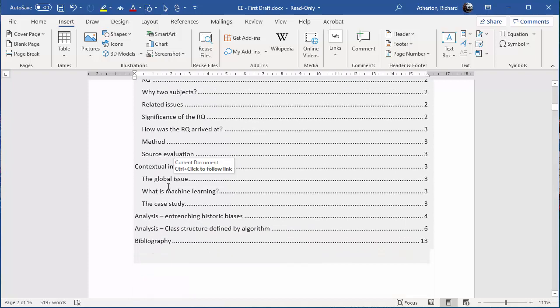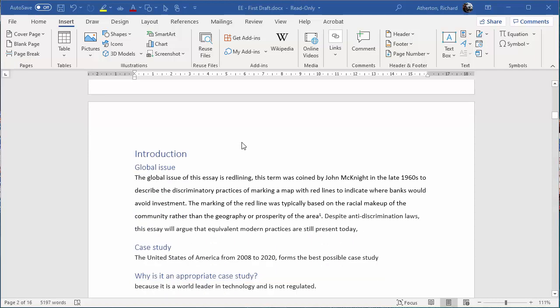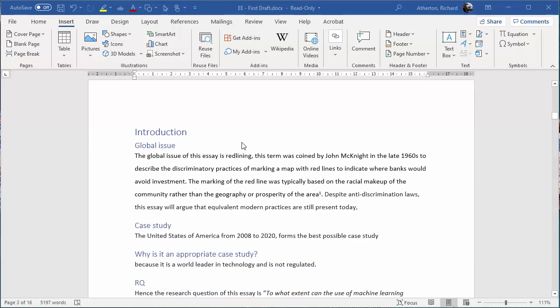But it should look impressive, and particularly after the introduction, which Ben hasn't quite finished yet, this section here, which takes the reader through the argument, should look like it's going to answer the research question. There should be sections and subsections that really look like a well-structured essay. There's important marks for that, and obviously a bibliography at the end. So we'll come back to the contents page.